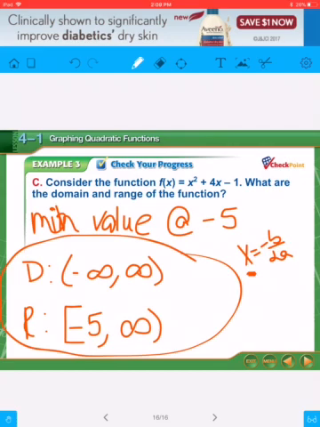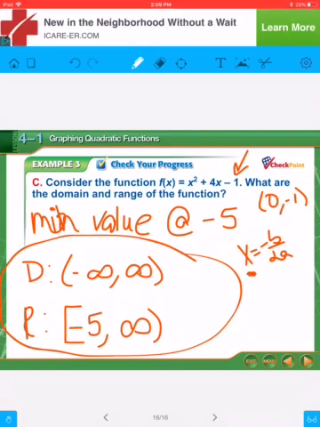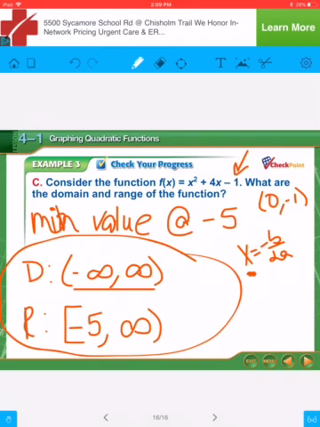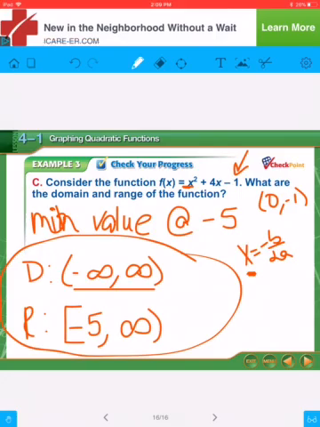Our y-intercept is always c. So this one would actually have a point at (0, -1), because that's our y-intercept. The domain of every single quadratic is negative infinity to positive infinity. And then our range is determined by whether or not we have a minimum or maximum value. And we find that minimum or maximum value from A. And that's it for graphing quadratics.